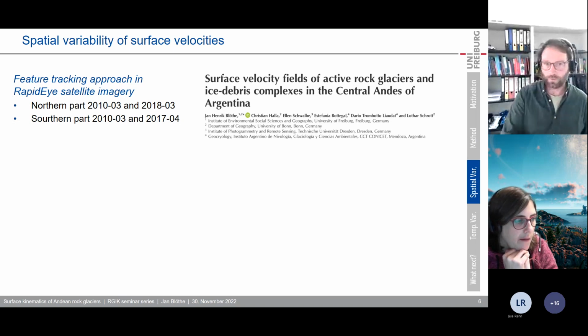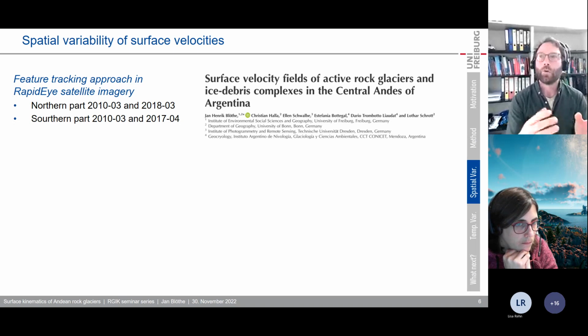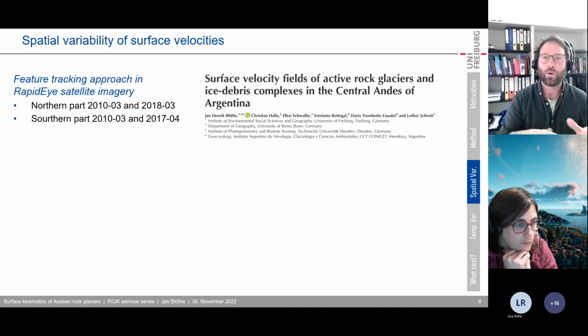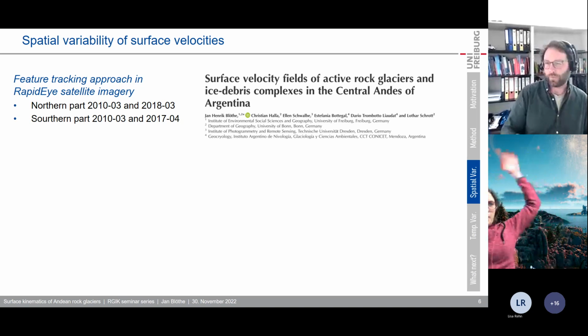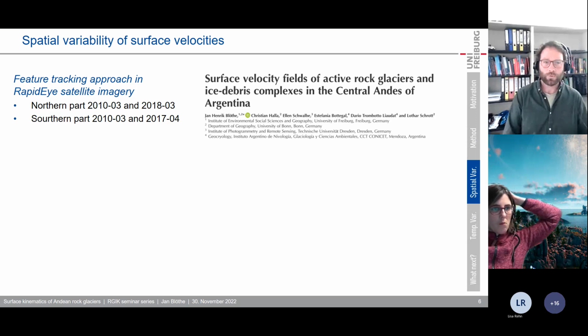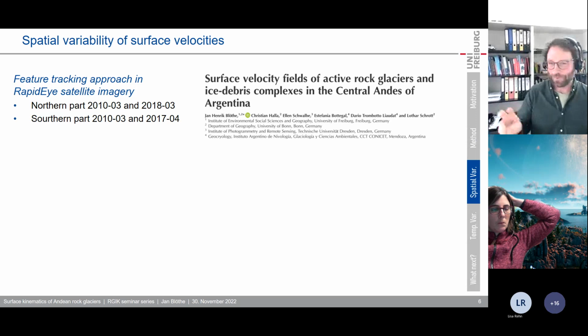So compared to what you've seen before, quite a coarse resolution, but as most of the cryogenic features we are seeing in the Cordon del Plata are quite large and have some nice structured surface, it actually worked quite well to look at imagery with 5 meter ground resolution.